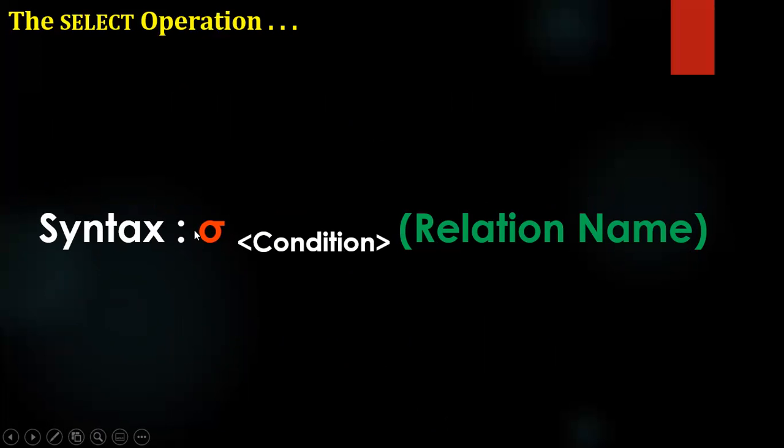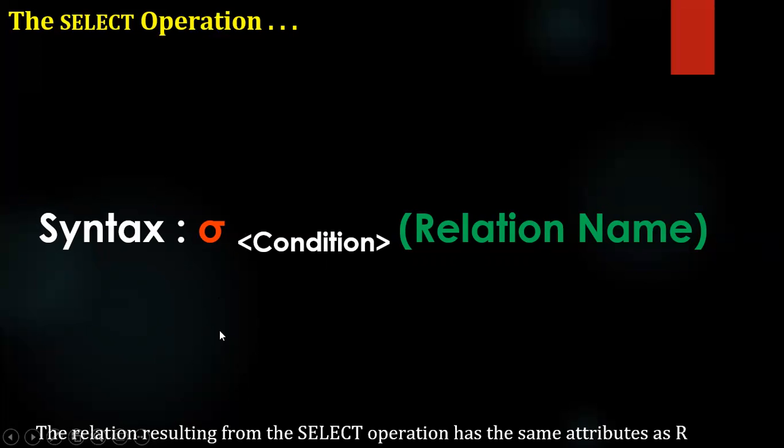For example, I want to select details of the students who belong to semester 5 and section C. Then we have to give select semester equal to 5 from the student table, and select section equal to C from the student table. So like this we need to give the select operation.